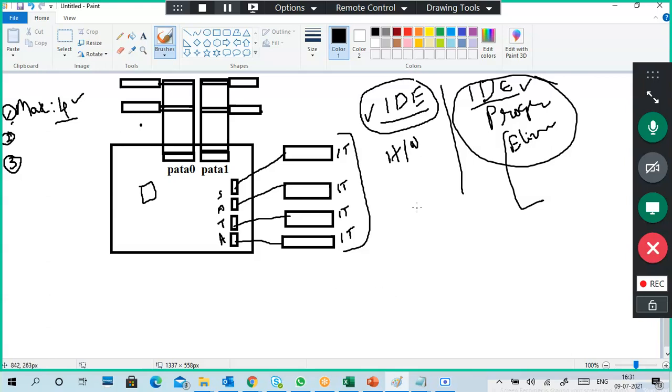So you have to power off when you want to change anything. Only in power-off condition can you change any hardware.